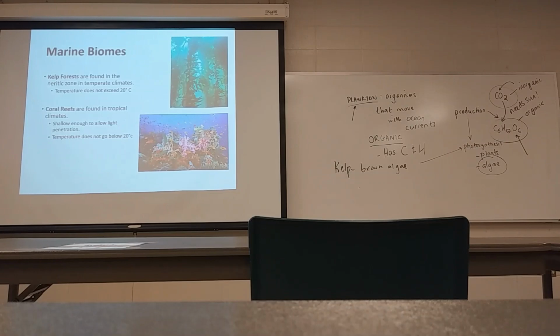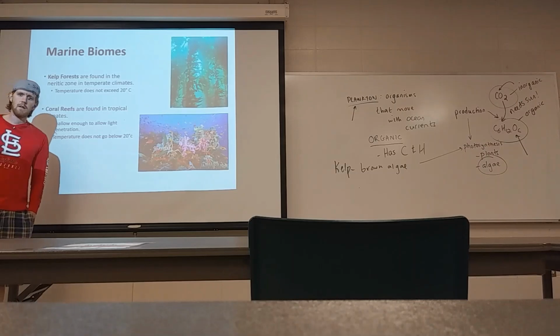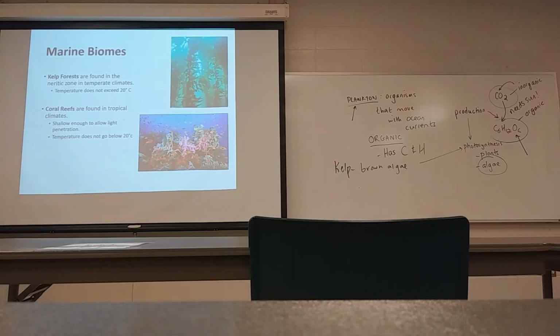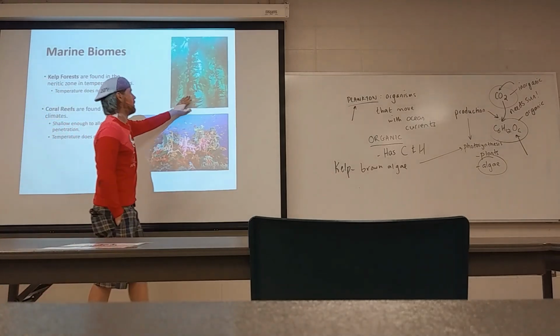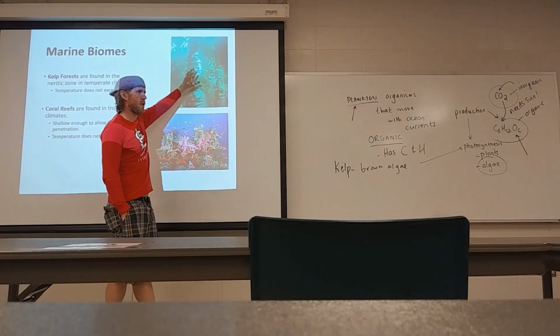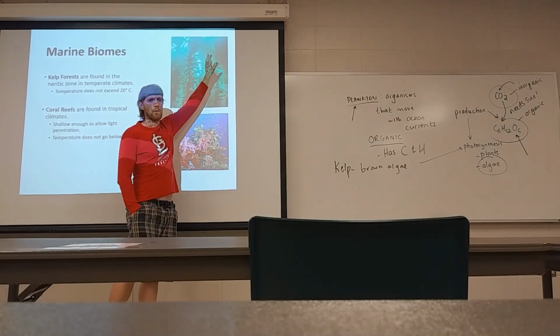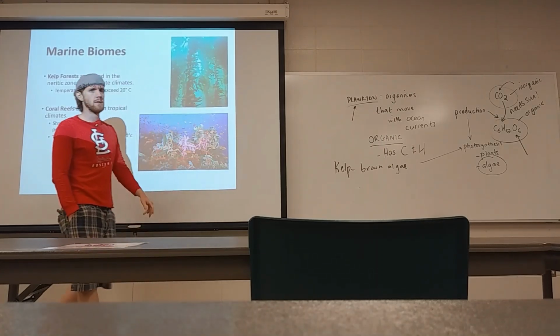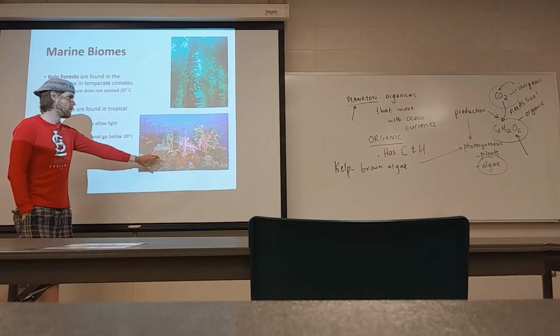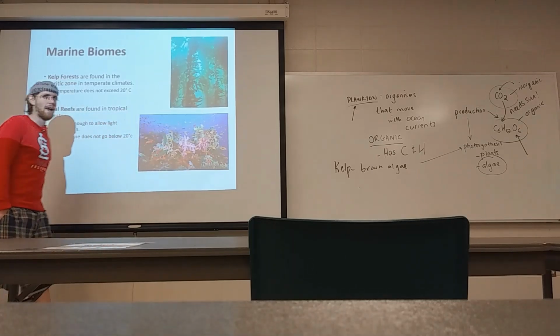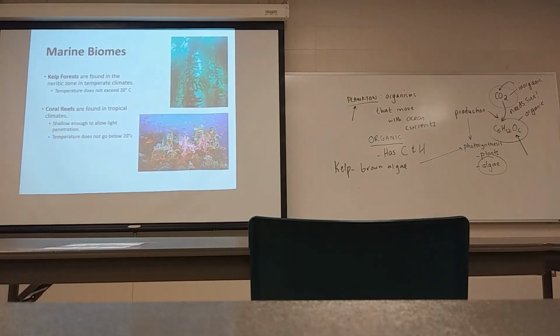Coral needs to be present in an area where there is enough sunlight to allow for photosynthesis to occur. Remember, kelp grow very close to the surface of the water, even though they may actually be anchored quite deep. They're going to grow to the surface, and so they'll have ample sunlight. Corals are nearly as big as kelp, and so they need to have a closer position to the surface.